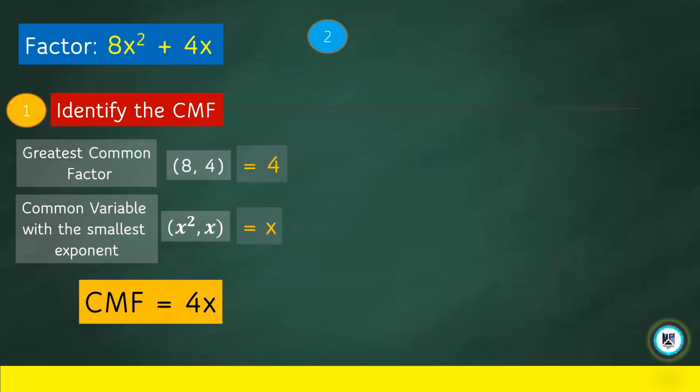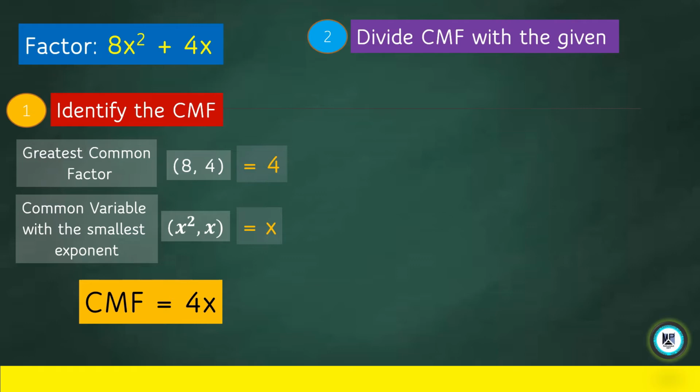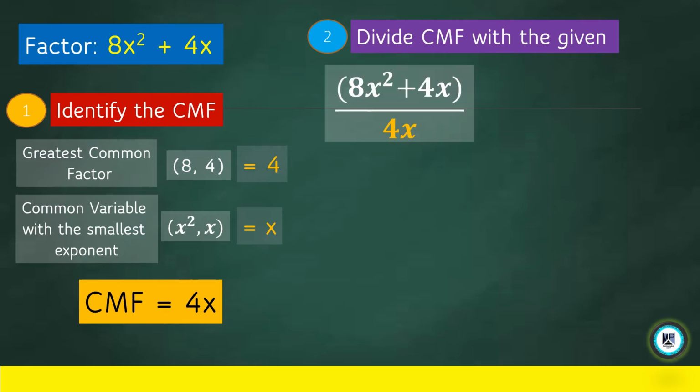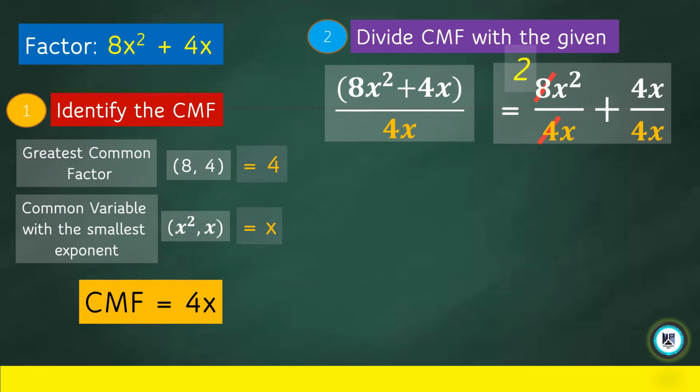The second step will be to divide the common monomial factor with the given. We work on it by regrouping, and we simplify like terms accordingly. Our quotient is equal to 2x plus 1.